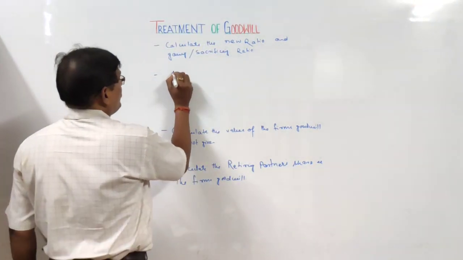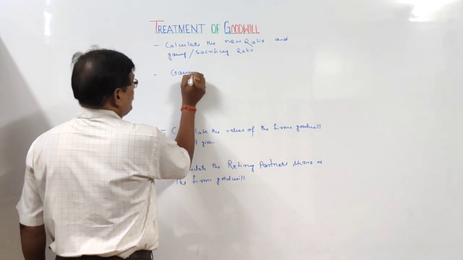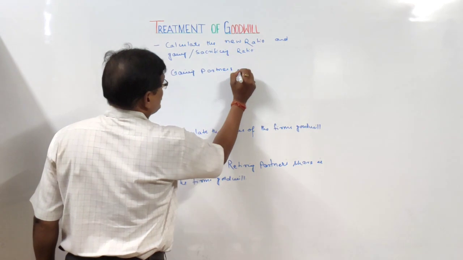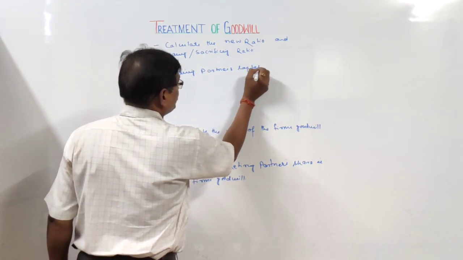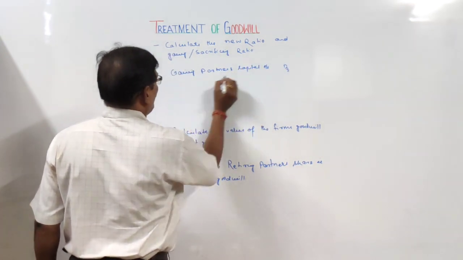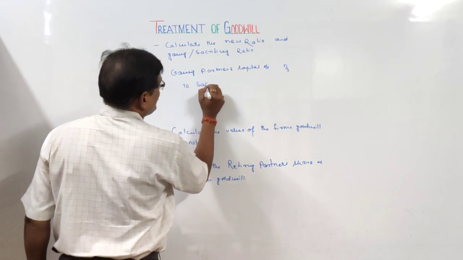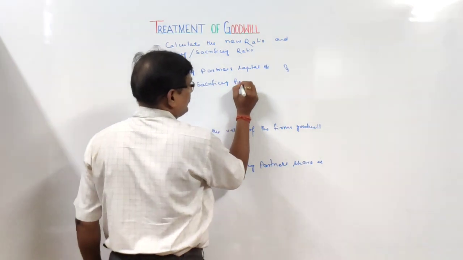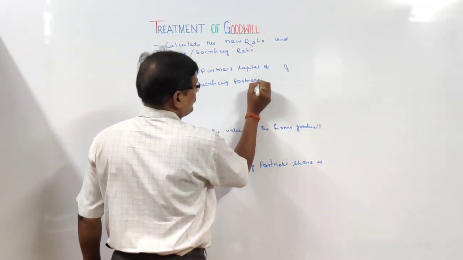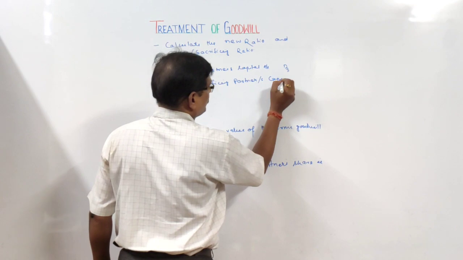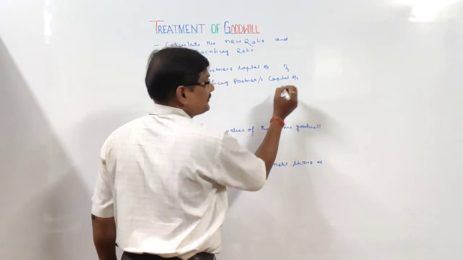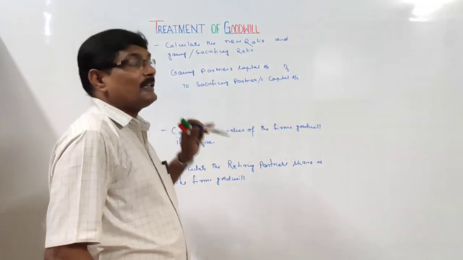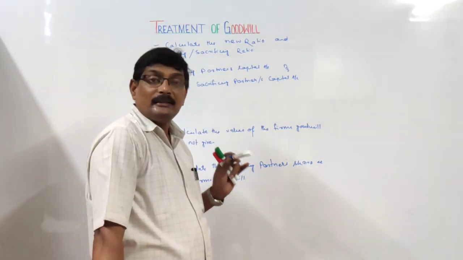The entry will be gaining partners' capital account debit to sacrificing partner or partners' capital account. Sometimes the sacrificing partner is the retiring partner. In this case, the sacrificing partner is normally the retiring partner.